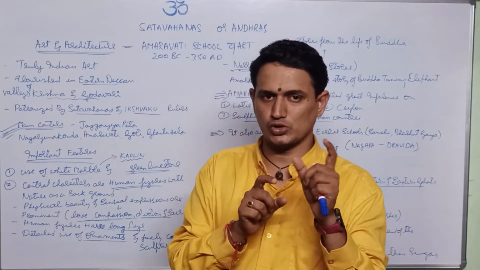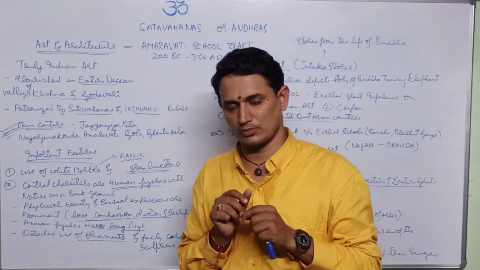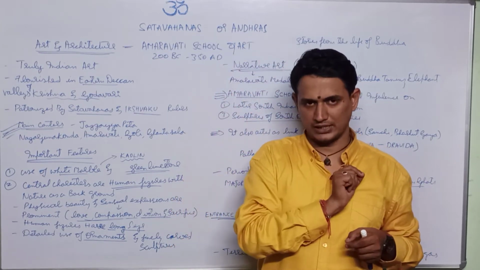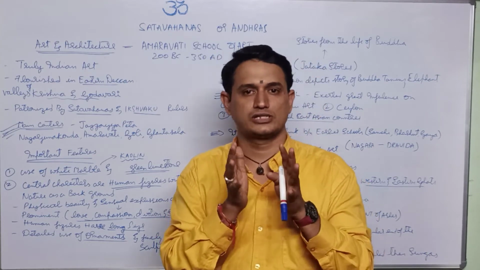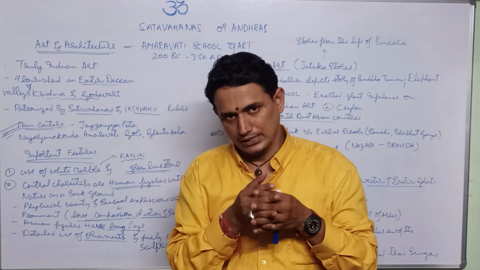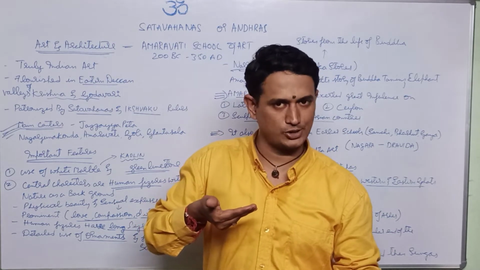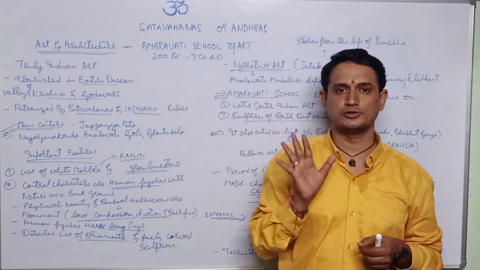Those were clearly depicted. That is one among the things that has to be remembered. Another most important thing, when you talk about Shatavahana art or the Amaravati school of art, is that the legs of the humans were a bit longer than in other schools of art. That is also one among the things that has to be remembered by you.